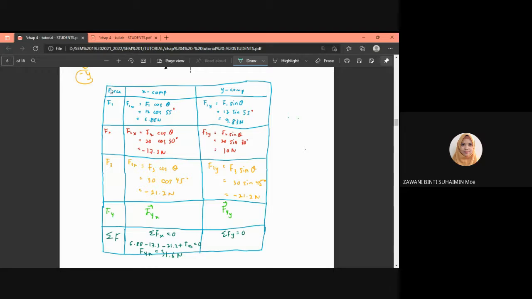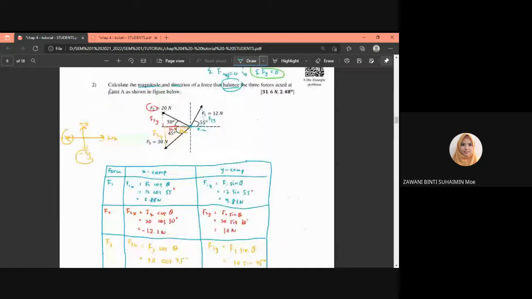Fy tadi first kita ada 9.83, and then tambah 10 Newton, and then minus 21.2 plus F4 in Y component is equal to 0. So we rearrange, saya akan dapat F4 in Y component sama dengan 1.37 Newton.